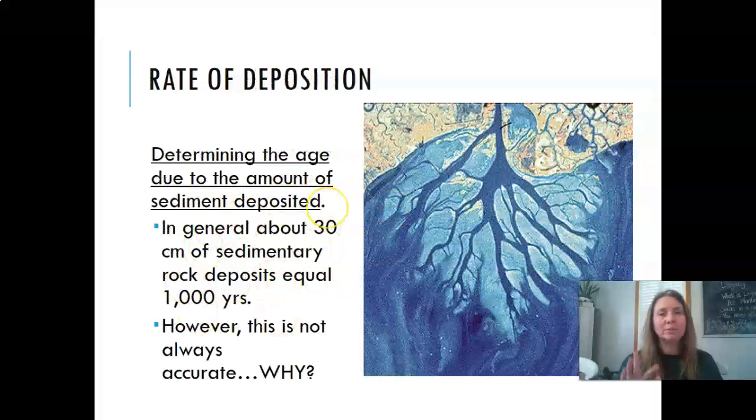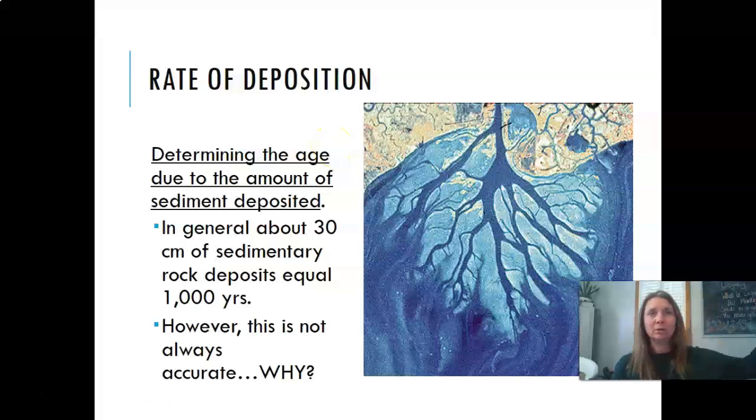The rate of deposition is almost like the opposite or the second part of the rate of erosion. So deposition, we've heard this term again, if you think back to sedimentary, it's just the idea that things are being deposited. Kind of see it in there, deposition. So this helps determine the age due to the amount of sediments deposited in an area.